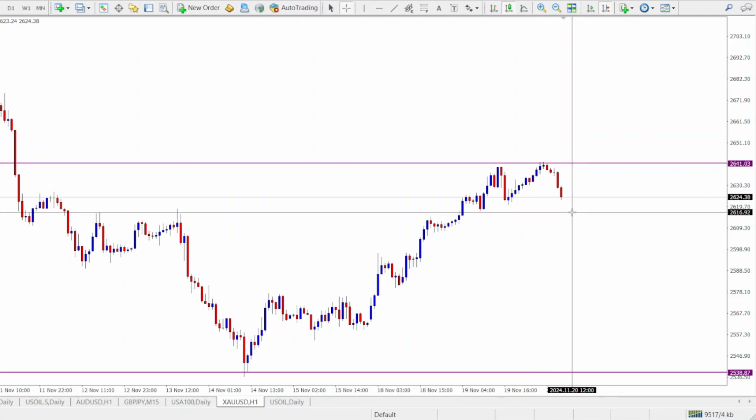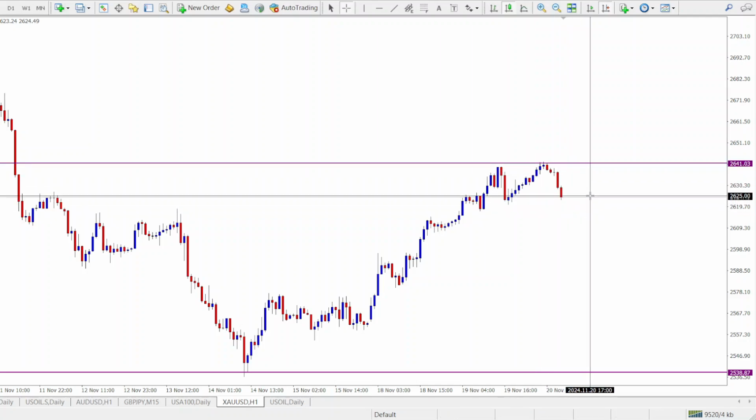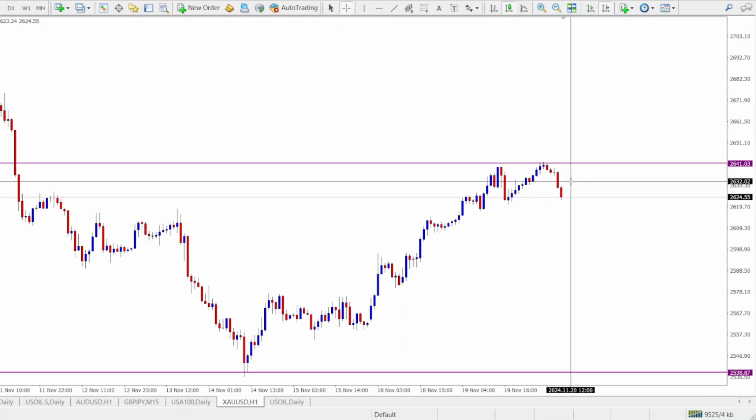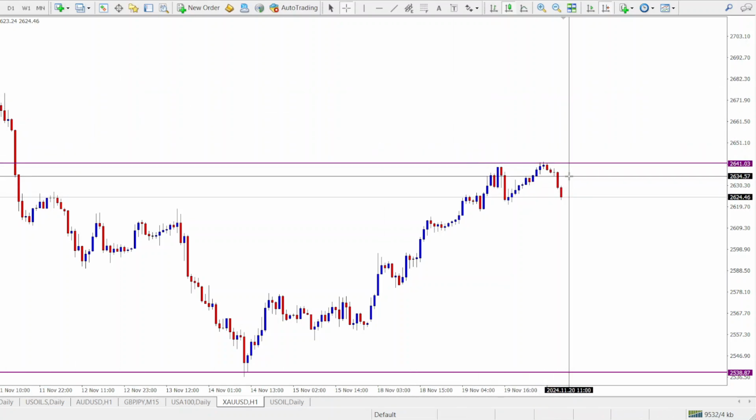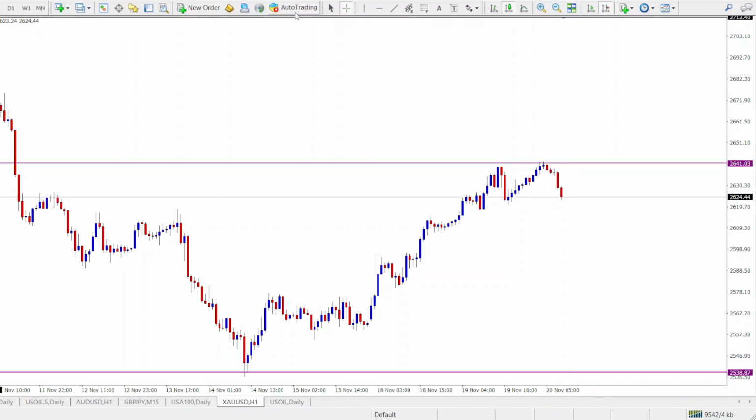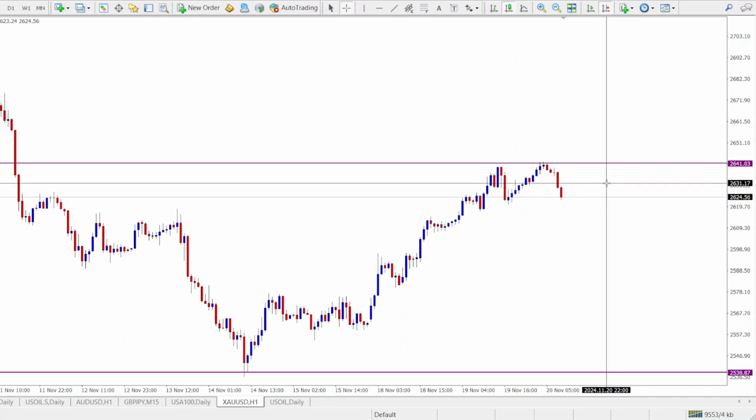So let us say we are creating a grid every 100 pips, because this is gold. Remember, gold is a volatile pair, and this is also the 1 hour time frame.